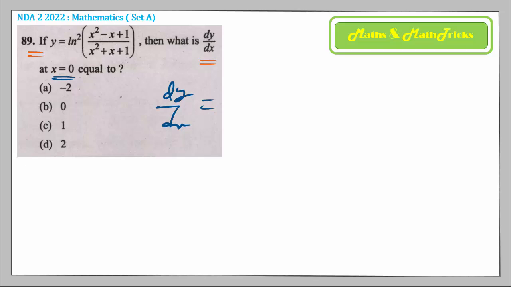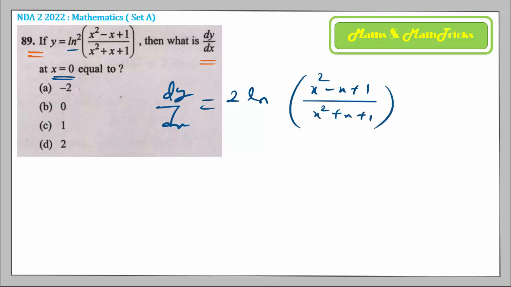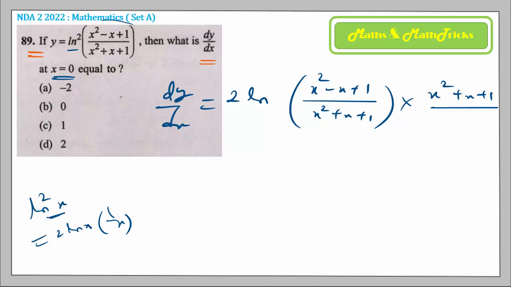So dy by dx is equal to 2 times ln of the given, copying the ln of the given as it is. Then again the derivative of ln will be 1 upon that, the reciprocal. Just now I told you, the derivative of ln square x is 2 times ln x, and again the derivative of ln x is 1 by x. But here this x is like a rational function, so its reciprocal will come.